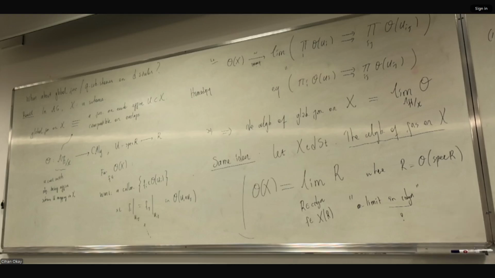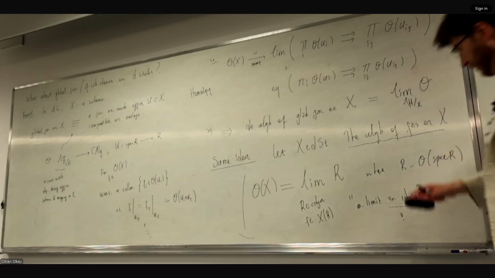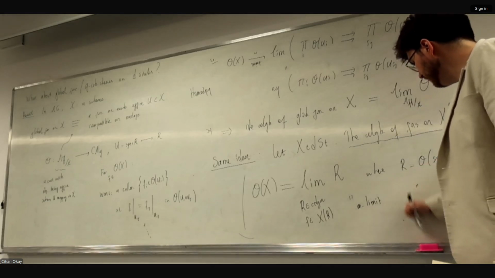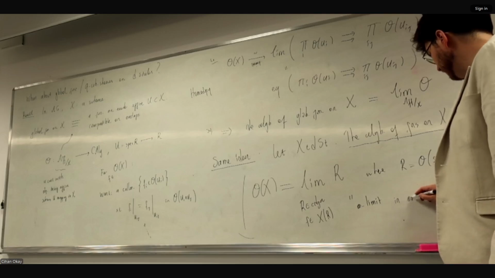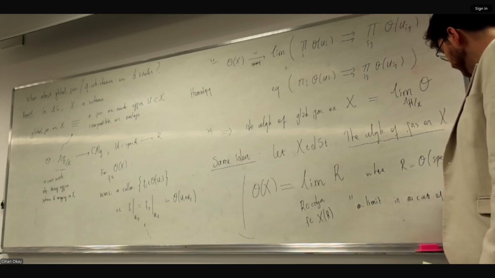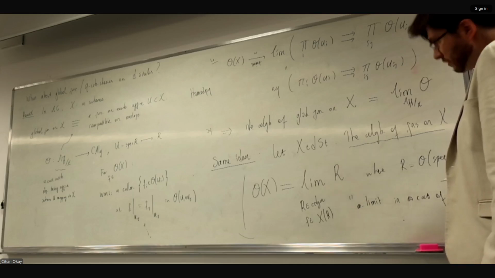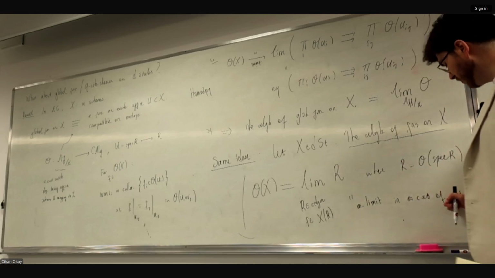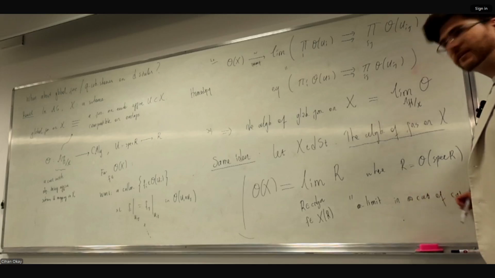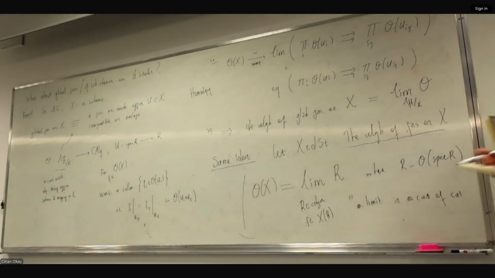Yeah. So this is like maybe an infinite limit in the infinite category of categories. I mean, or the infinite categories, infinite groupoids. Maybe I should say the infinite category of infinite groupoids. I think so.